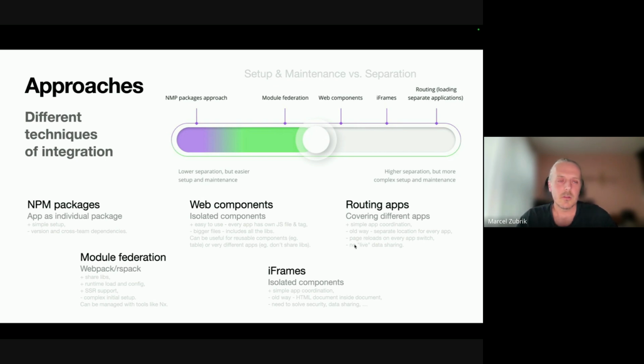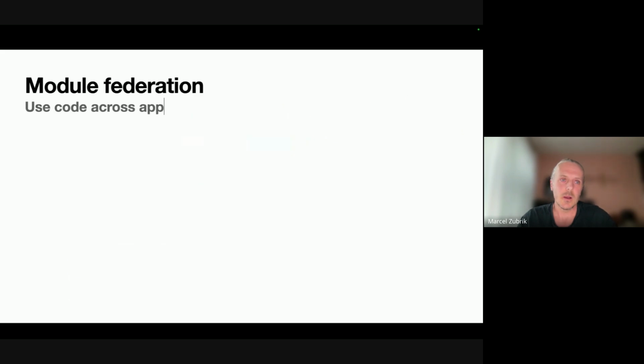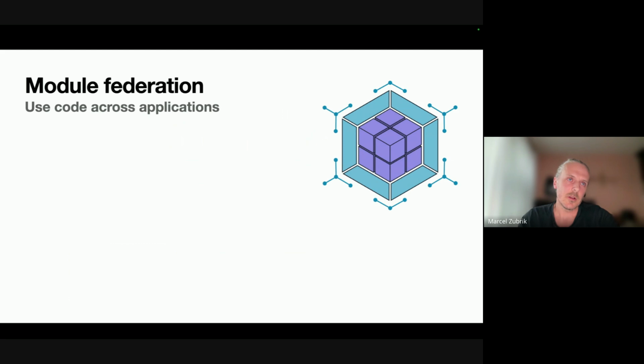And I would like to talk more about two of these approaches. The first one is module federation, and the second one is web components. In module federation, you break the app into self-contained modules to make sharing functionality more efficient and use them where you need them.